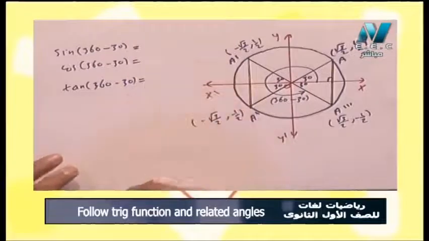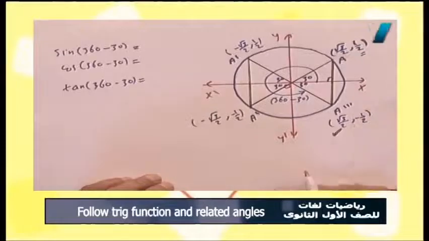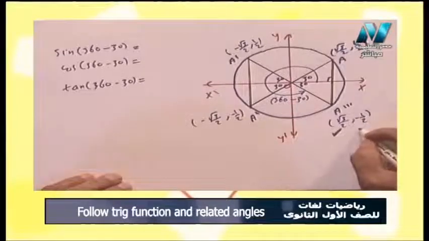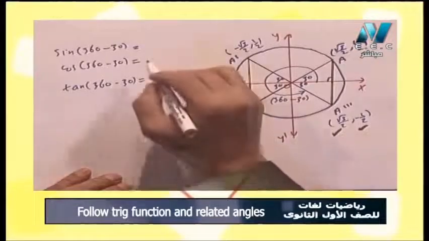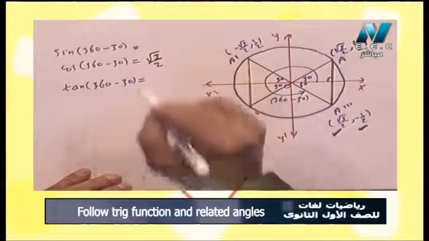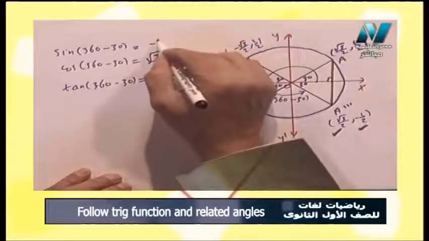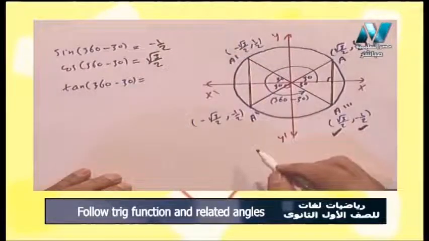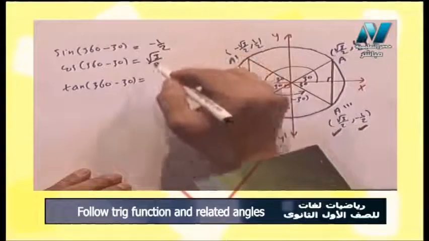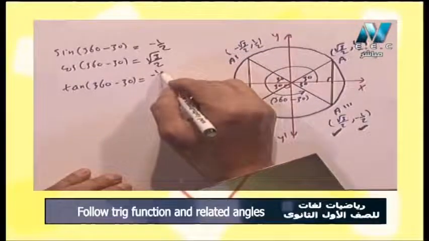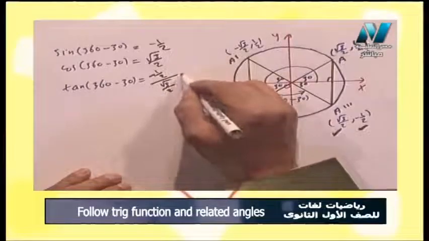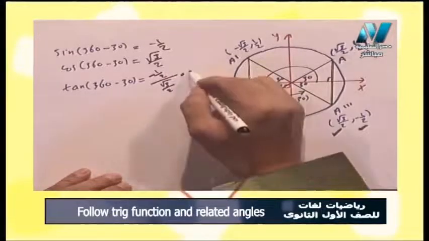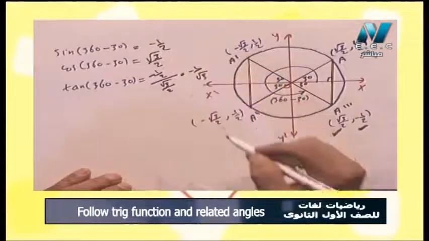We know that cosine will be x and the sine will be y all the time. So cosine equals root 3 over 2, sine will be negative half, and tan will be sine over cosine, which will be negative half divided by root 3 over 2. Okay, and it will be negative 1 over root 3.